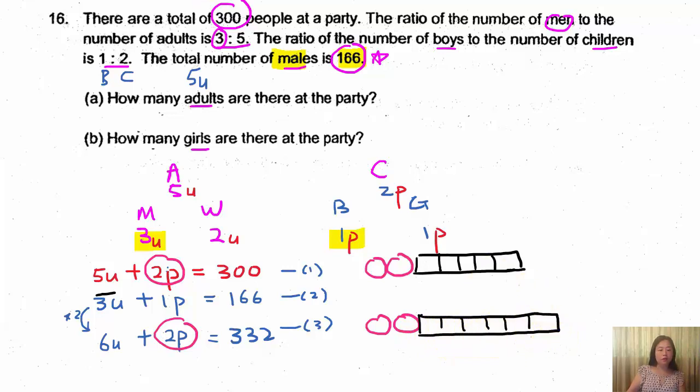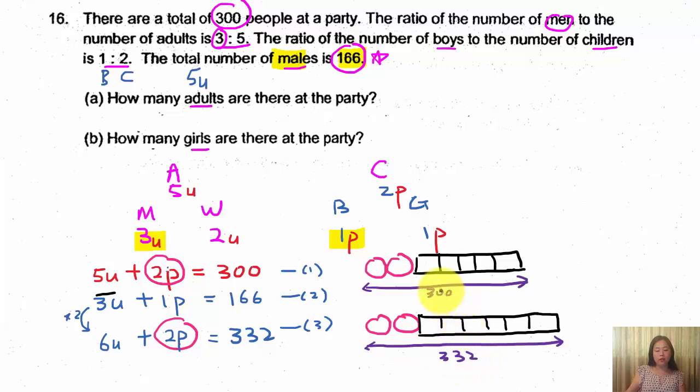So you can tell that if equation 1 is 300, from here to here, this is 300. And equation 3 is actually 332.